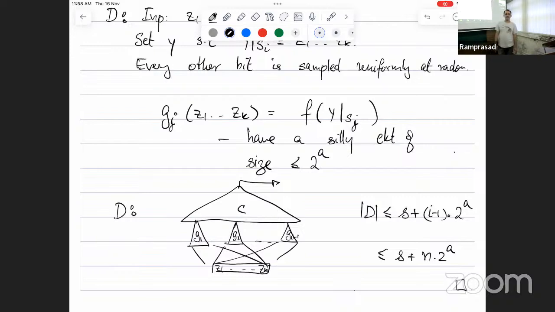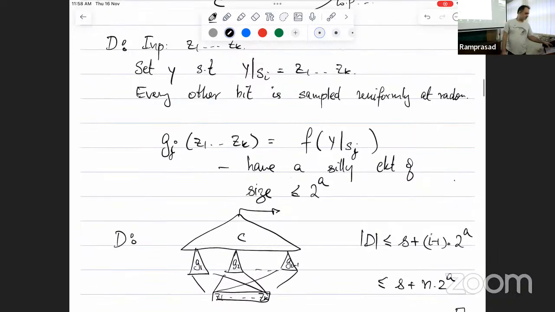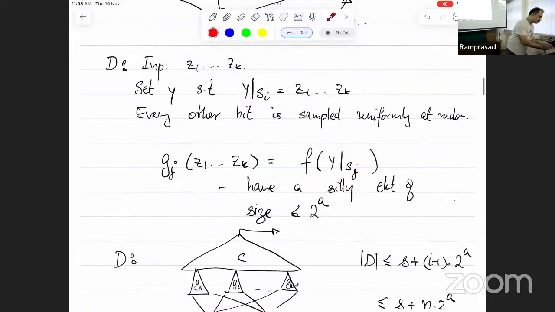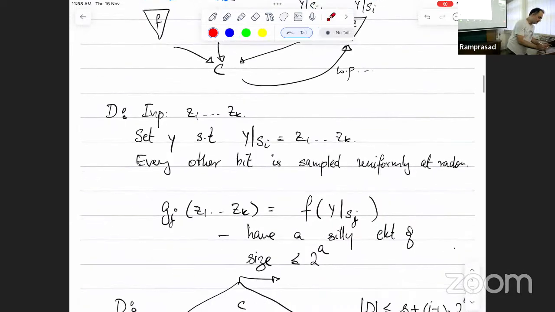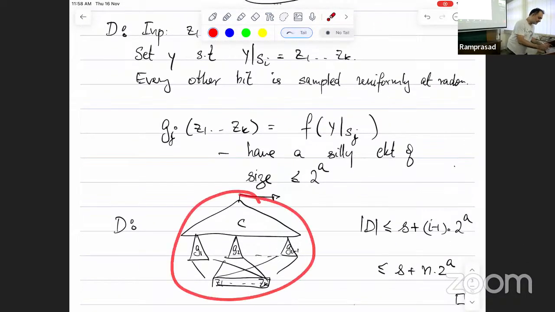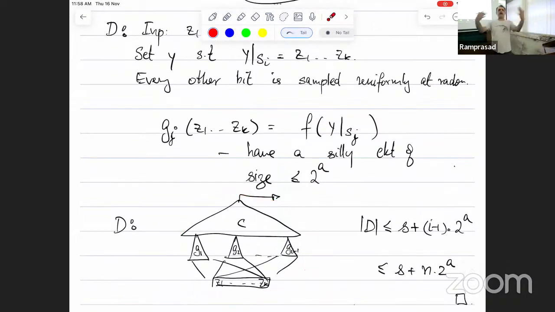Where did you use that we sampled y randomly? If I sampled y randomly, then C is guaranteed to predict it with probability half plus epsilon. Then I fix a particular choice of the other bits such that this property continues to hold. That's where I use that fact.